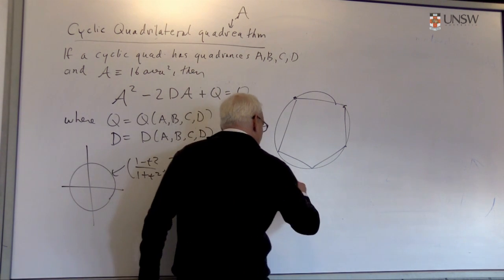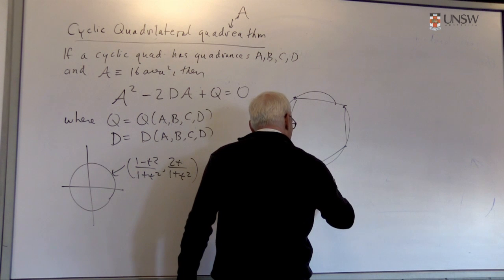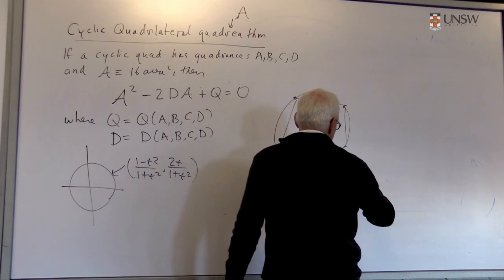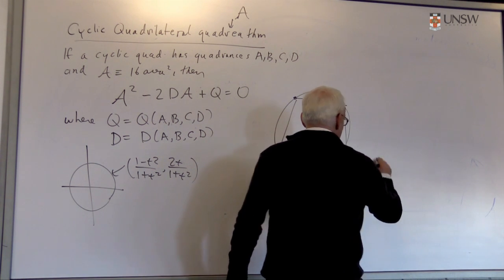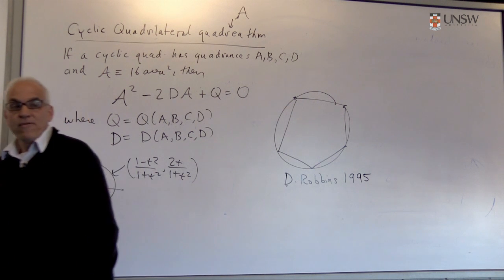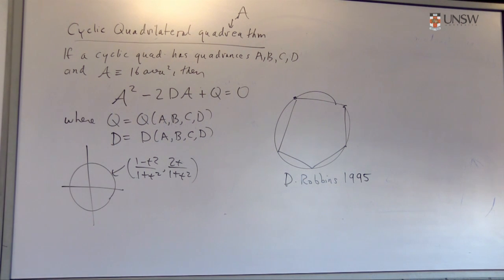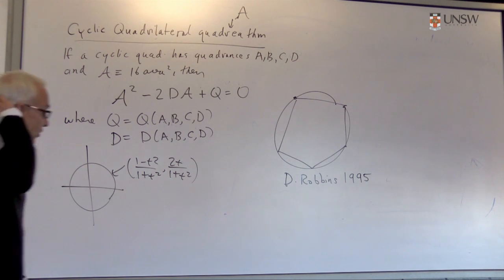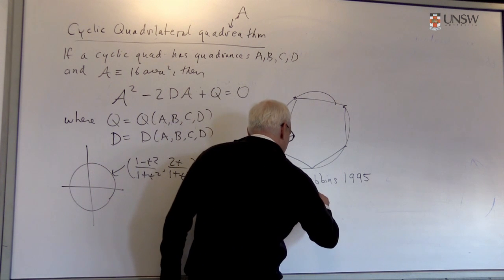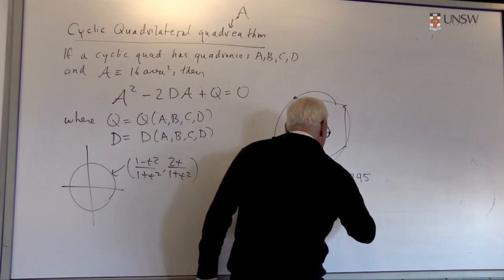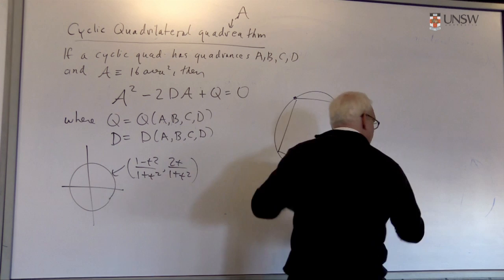And it was only due to the work of David Robbins in 1995, I think, that the formula for the area of a cyclic pentagon in terms of its 5 side lengths was written down. And it turned out to be a 7-degree equation in basically these quadrances.